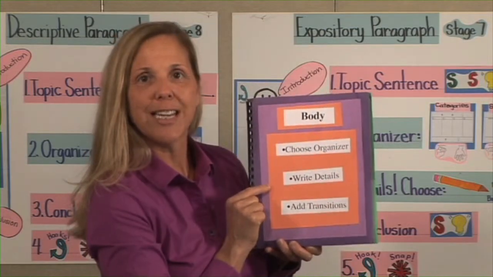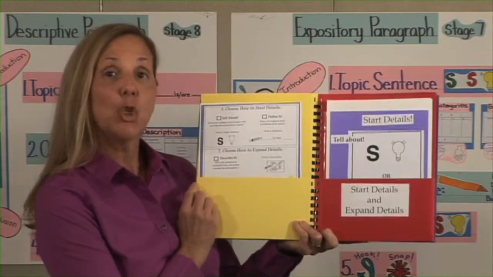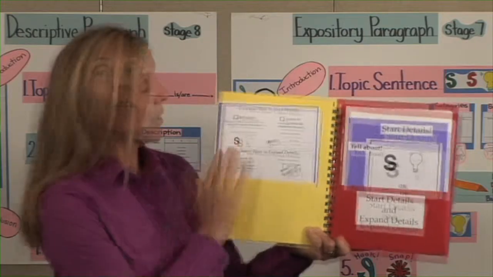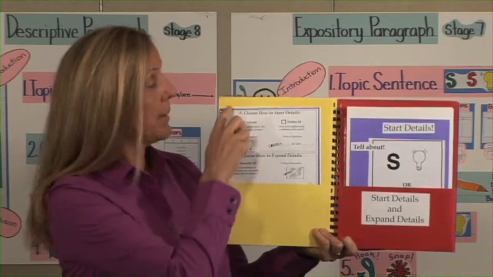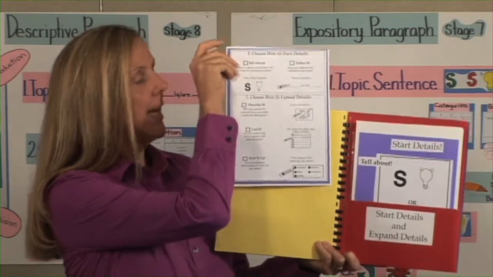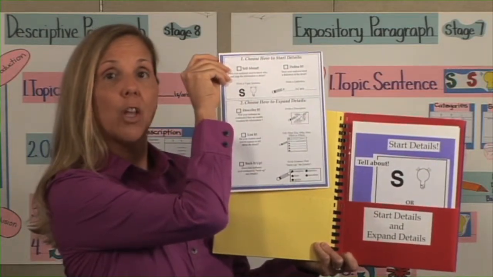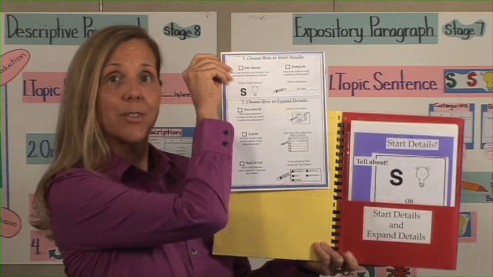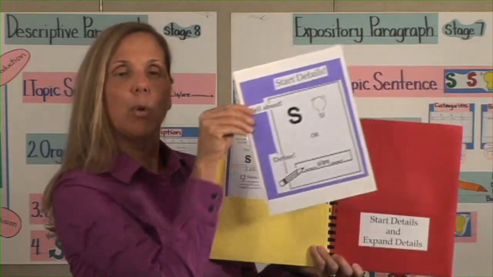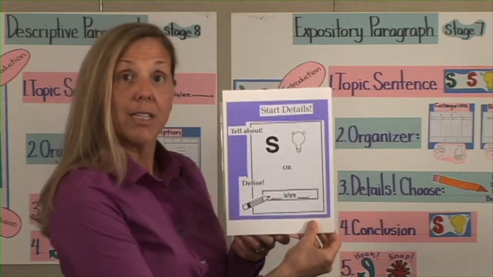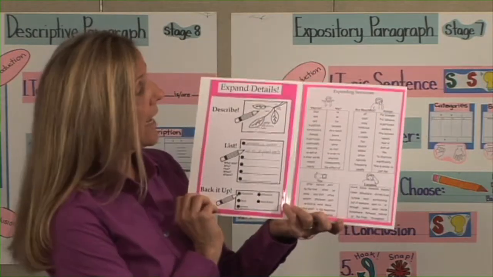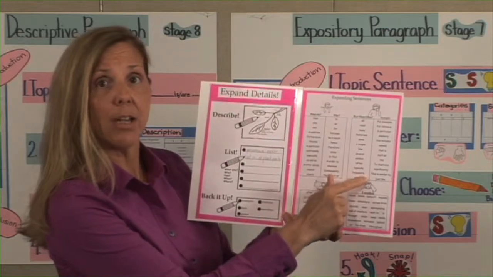Let's look at our detail tools. I have 2 pockets for our detail tools. In my left pocket are the steps. It's a chart that I put on tag paper, and these are the steps that I follow to help students write details. And then in the following pocket, this little handy tool that I made, it has the start details on the cover, and then you open it up and it has expand detail tools.